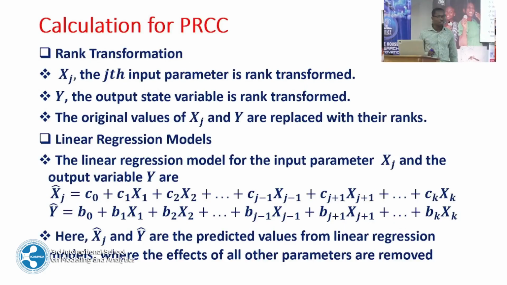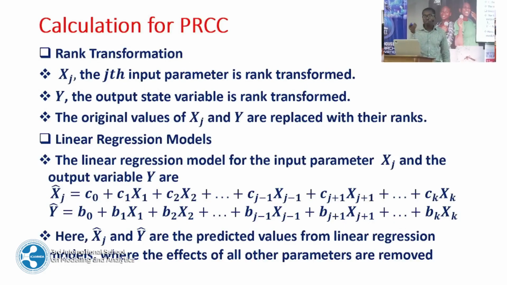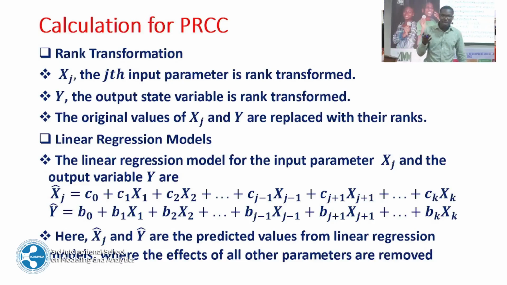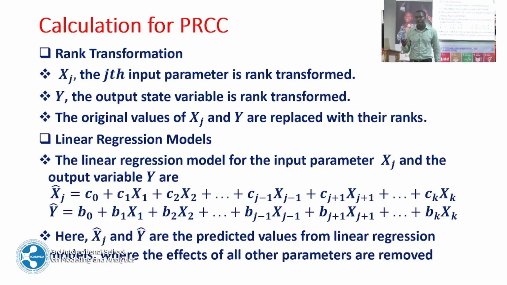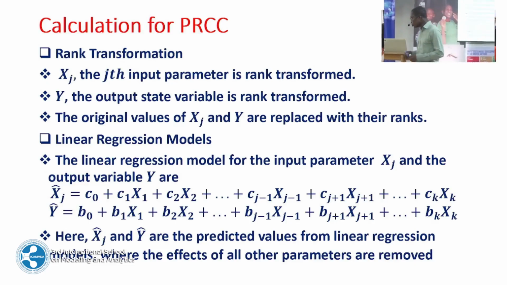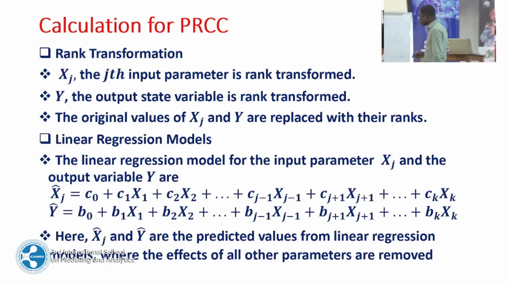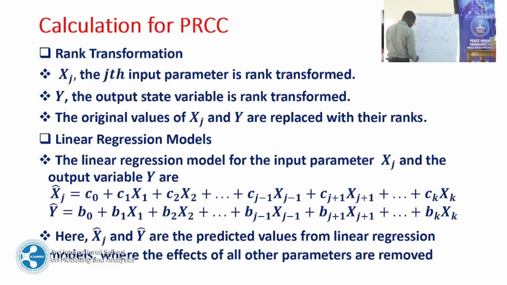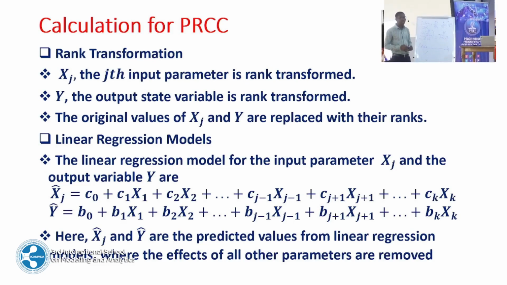XJ, the jth input parameter. So in this case, my XJ can be what? My XJ can be 2? Is it 2? What is XJ? XJ, the jth input parameter. So what is my XJ? Somebody give me one XJ.